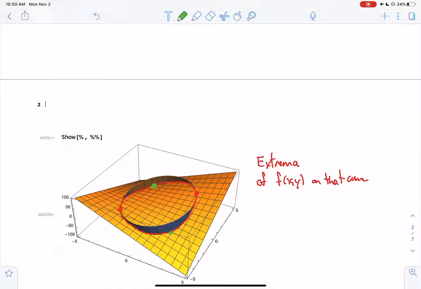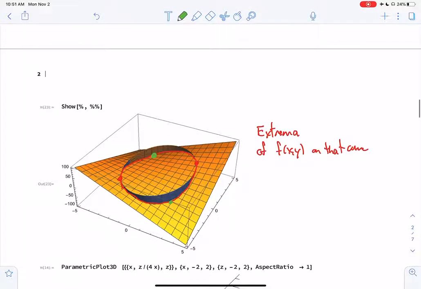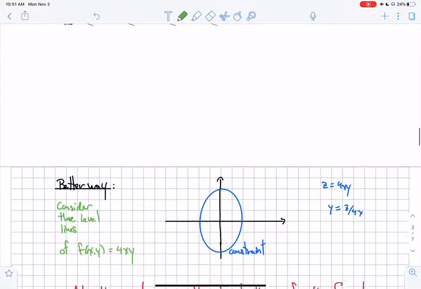So I expect two minima and two maxima. This looks quite complicated, because the equation of the curve in x, y, z goes up and down, goes around. I could parameterize it, but it's slightly painful.